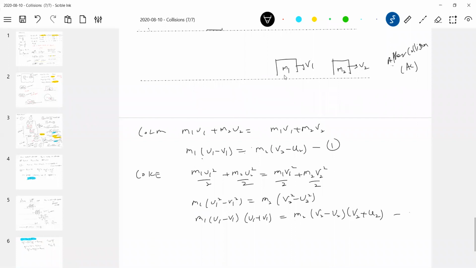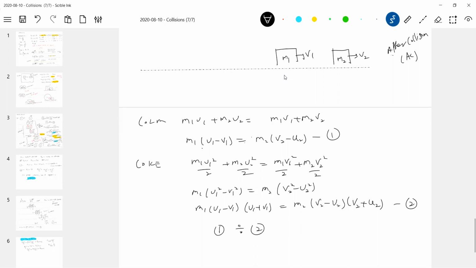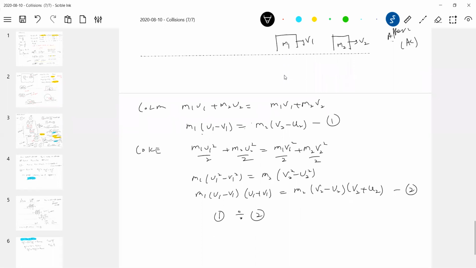Let this be equation 2. Let me divide these two equations. I'm just doing some mathematics. Let's see what I'll end up with.